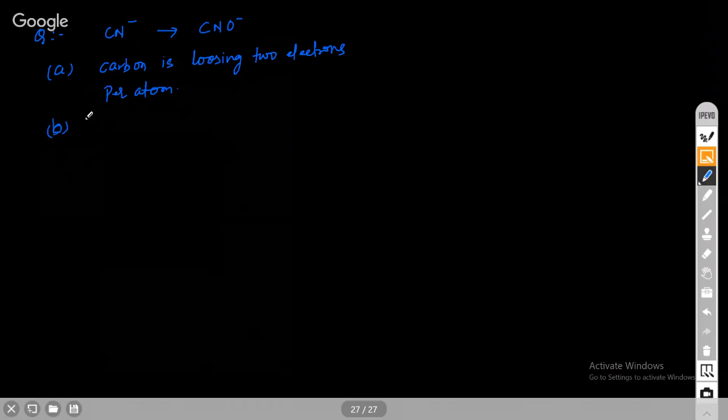B. Oxidation number of carbon increased from +1 to +3.